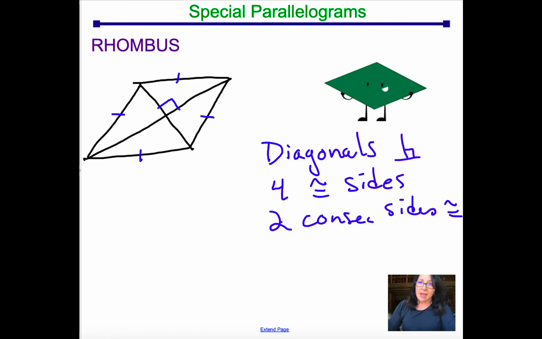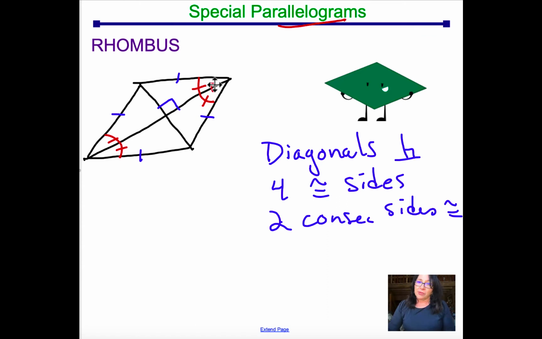Additionally, the diagonals of a rhombus bisect the opposite angles, so not only are the opposite angles congruent, because we know that from it being a parallelogram, but in a rhombus, the diagonals also bisect them. That means they cut those angles in half. So let's say this was 100 degrees, each one of those would be 50.